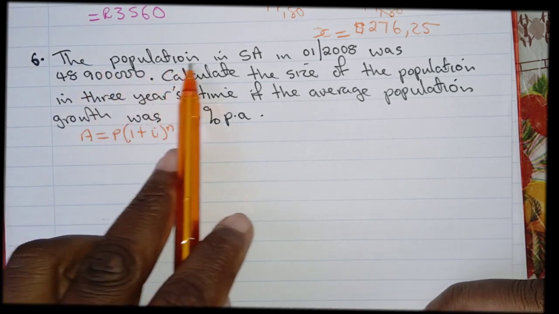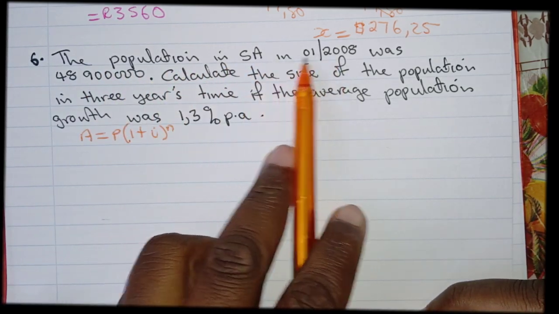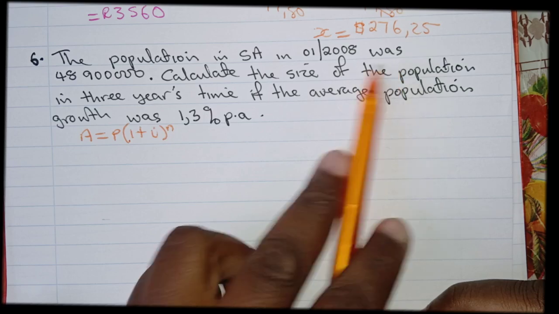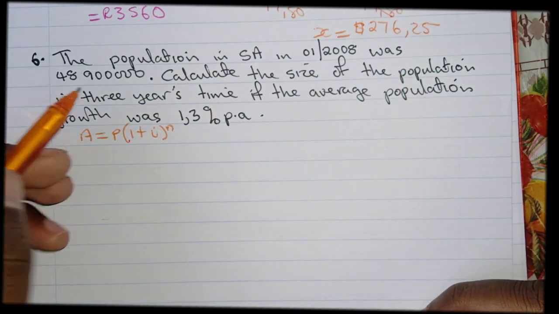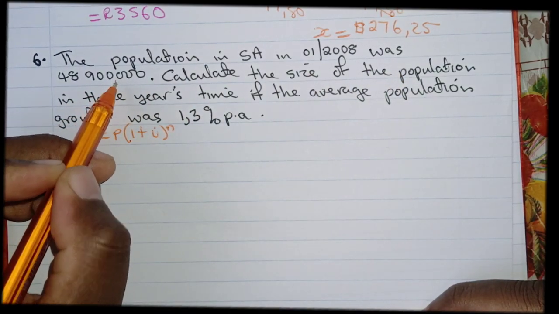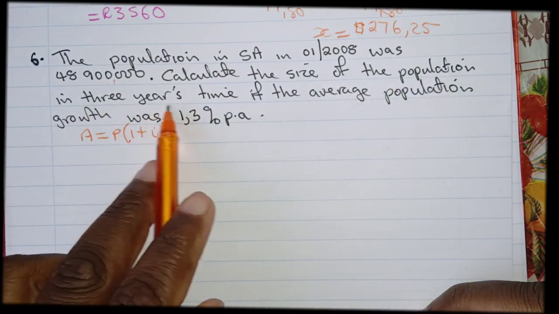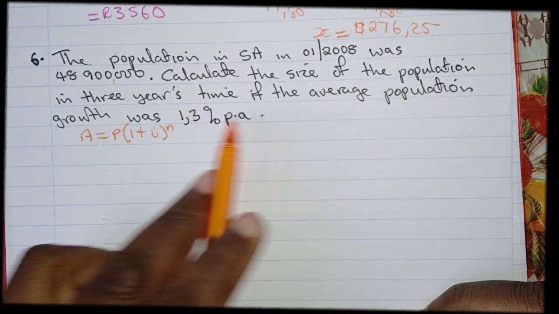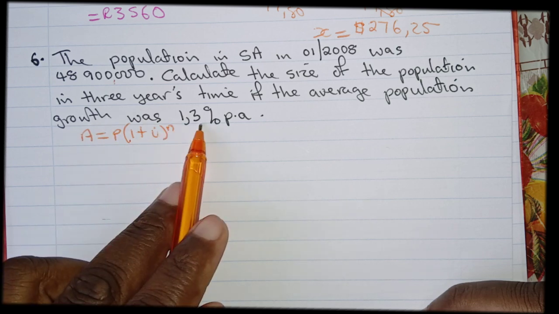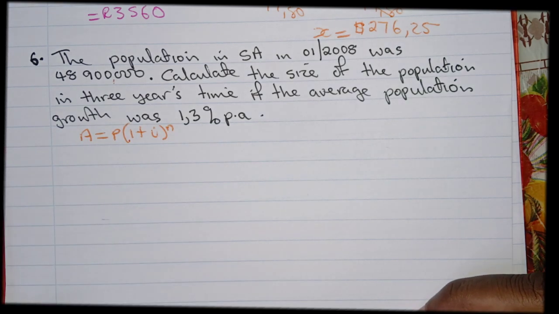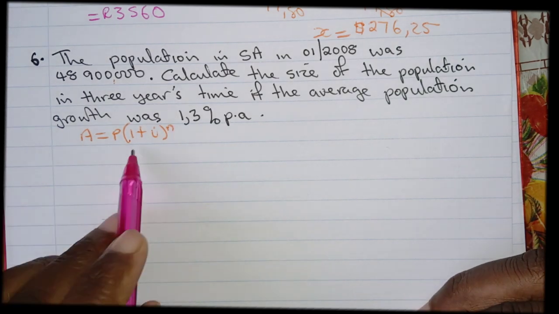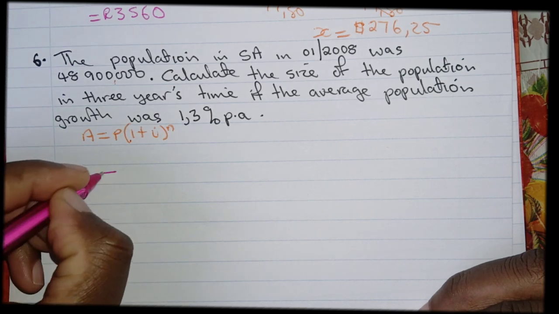So the question is saying the population in South Africa in January 2008 was 48,900,000. Calculate the size of the population in 3 years' time if the average population growth was 1.3% per annum, and we use the compound interest formula.